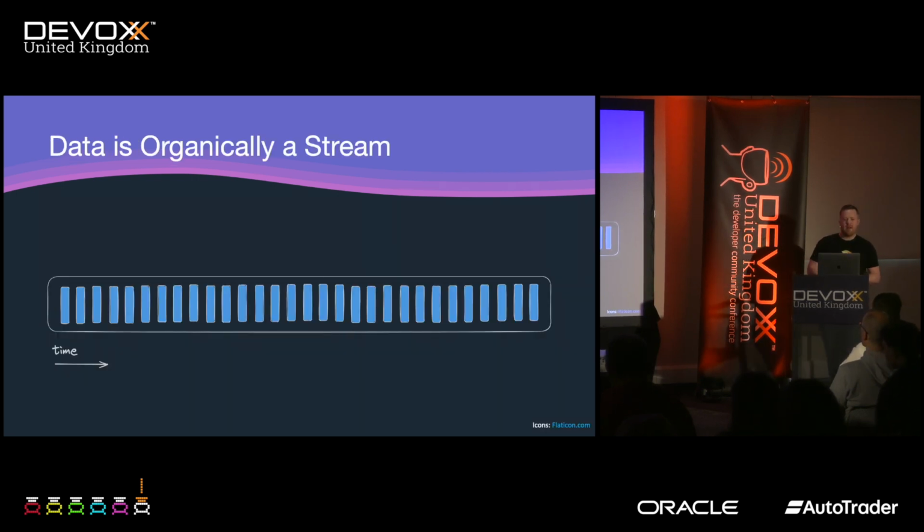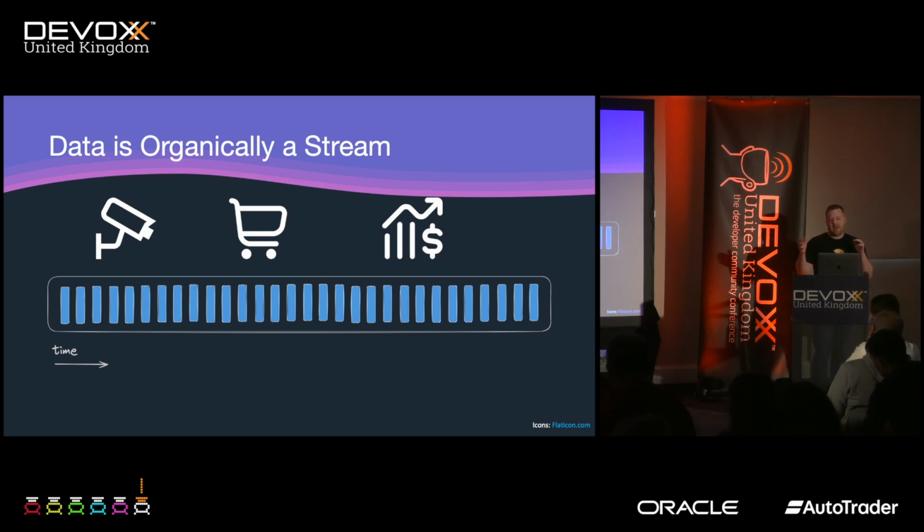Going to the start, let's talk about data. Organically, data is a stream. We rarely have just one big lump of data that doesn't evolve or grow over time. Organically, data is a stream, you can usually assign a timestamp to it, and you get more data over time.